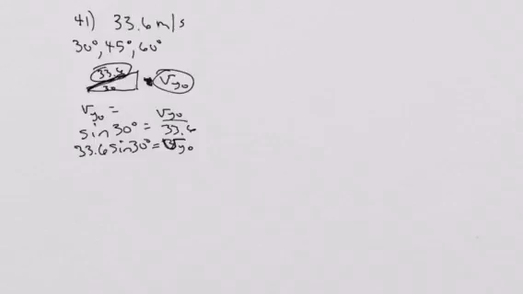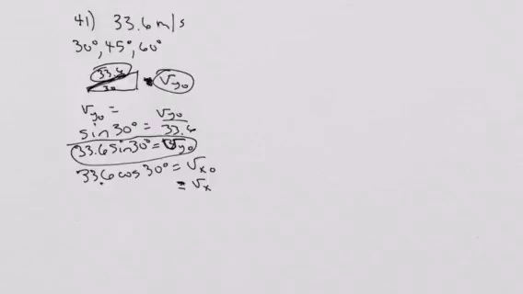Likewise, my velocity in the x direction is 33.6 cosine 30 degrees, which equals my initial velocity in the x direction. That's not going to change because there's nothing affecting it, so that's constant.